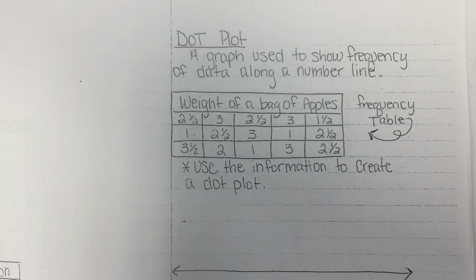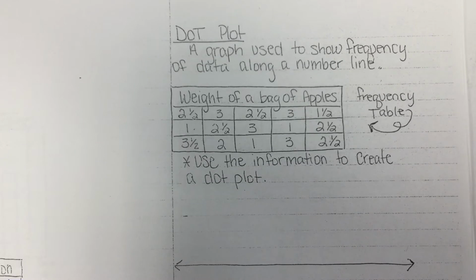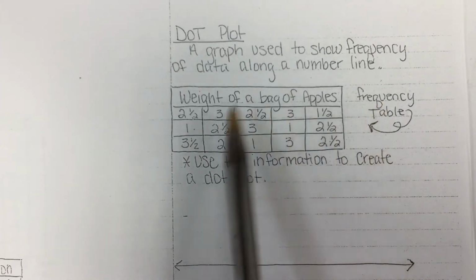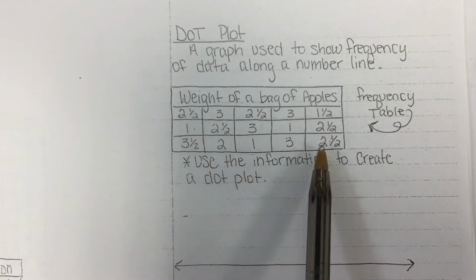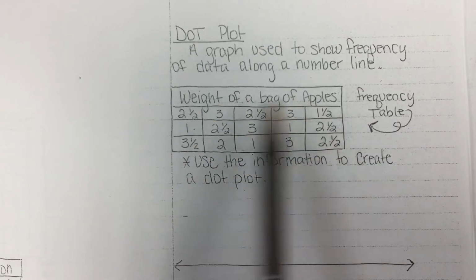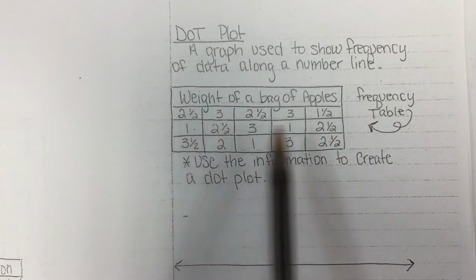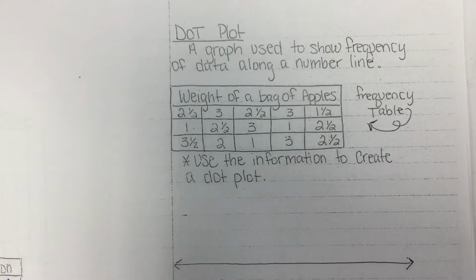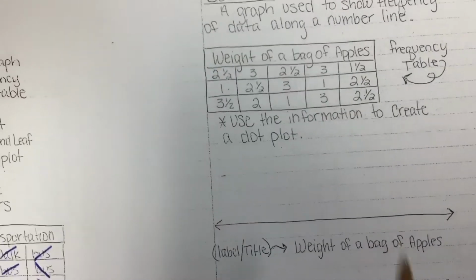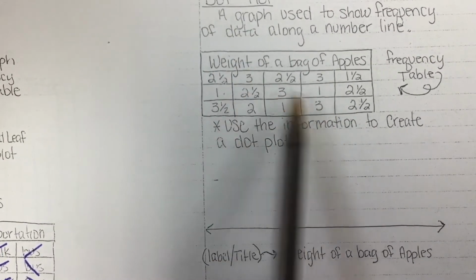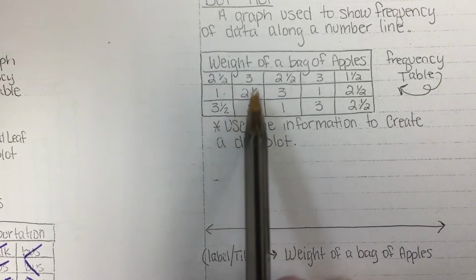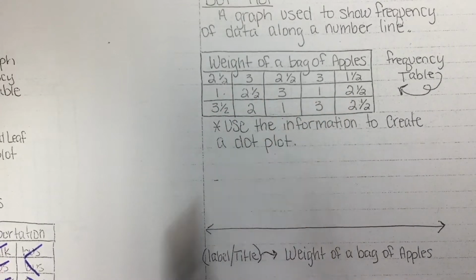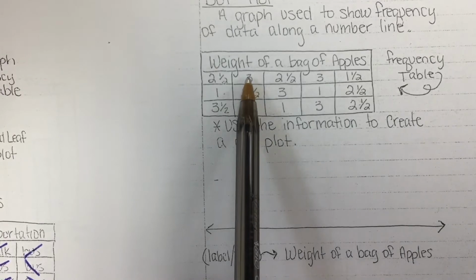A dot plot is a graph used to show frequency of data along a number line. Okay, so basically it's very similar to a frequency table. It's taking all that information and instead of putting it into an actual frequency table, we're using dot plots. So we're using information to create a dot plot. So look at what we have. The smallest number is 1. The biggest number is 3.